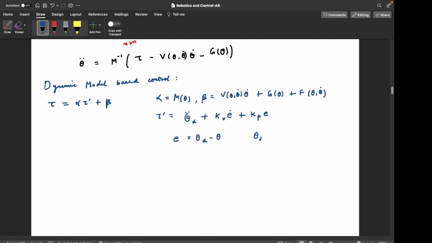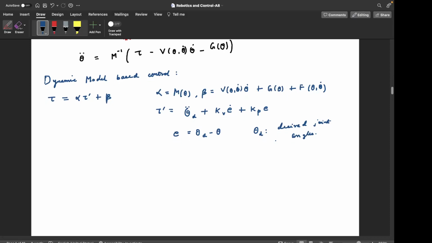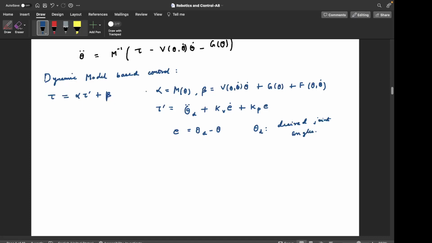Theta D is desired joint angles. Okay, so let's put these values of alpha, beta and tau dash in this expression, and we will compute the LHS and RHS separately.